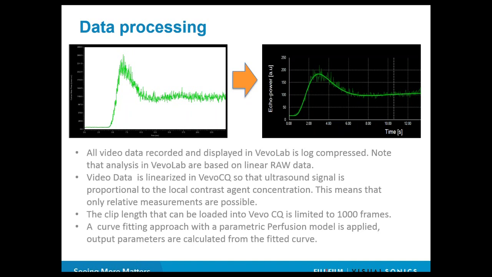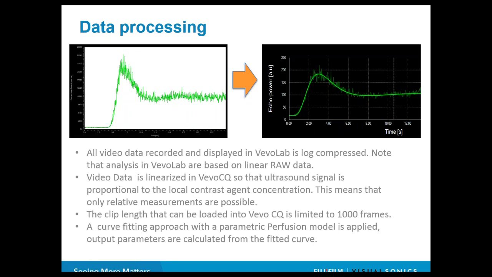Now, if you start the VevoCQ software and load your data into it, the data will be linearized once more, and this is important because this makes the signal that we get proportional to the local contrast agent concentration.